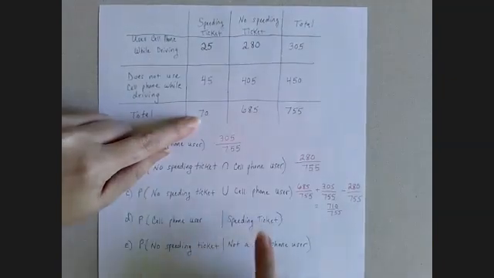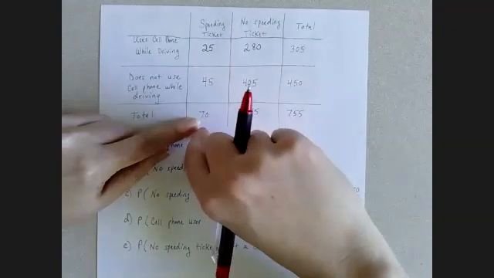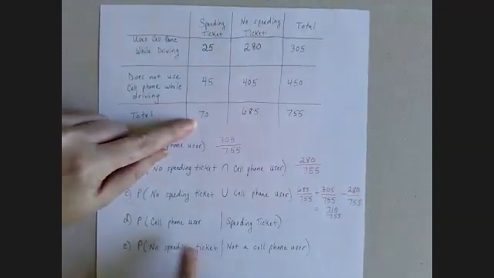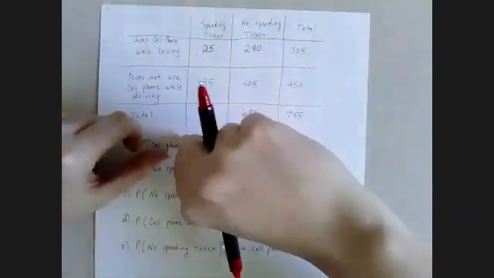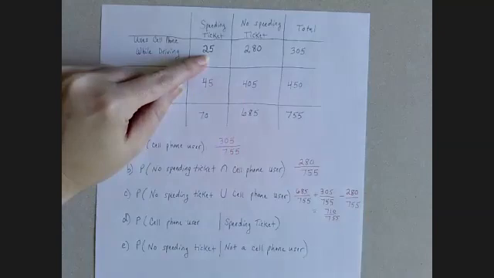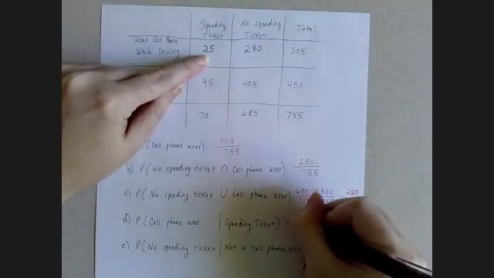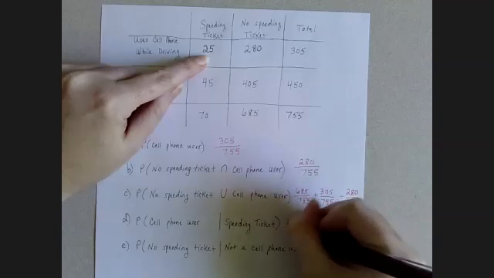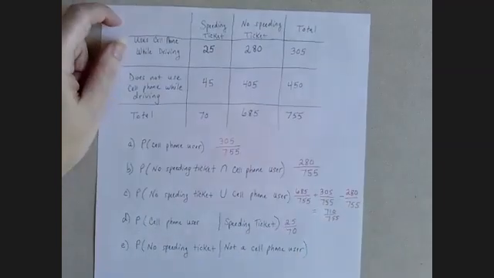There's 70 people who got a speeding ticket. So I know that we are only talking about people in that particular column right here. And then which of those are cell phone users? So only looking at this column, the ones who are cell phone users, 25 of them. And so my probability here is 25 over 70 because we only have 70 who have a speeding ticket.